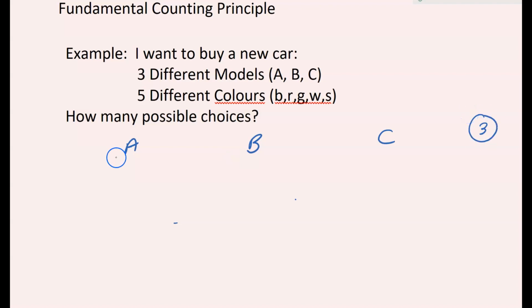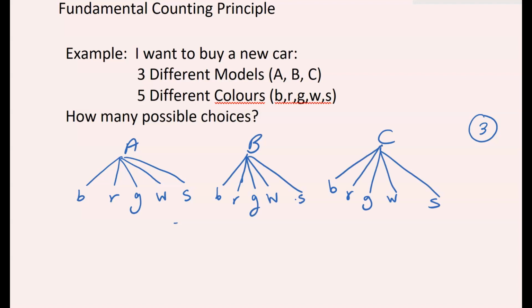Now each of these, we have 5 different choices because of the color. So black, red, green, white, silver. Do the same thing for B and C. So for B and C, same idea again.